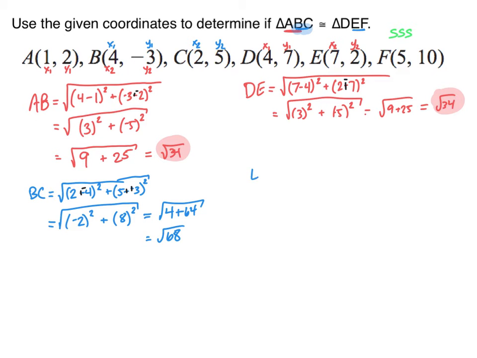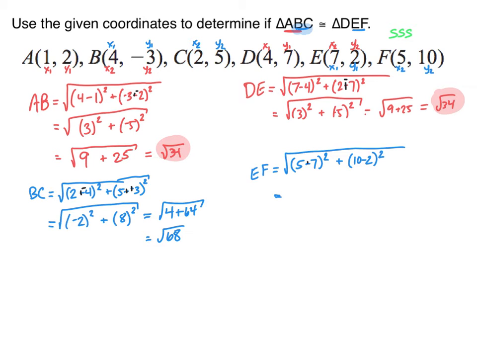Now I've got to check EF. So EF right here, x1, y1, x2, y2. That's going to be the square root. I will have 5 minus 7 squared plus 10 minus 2 squared.